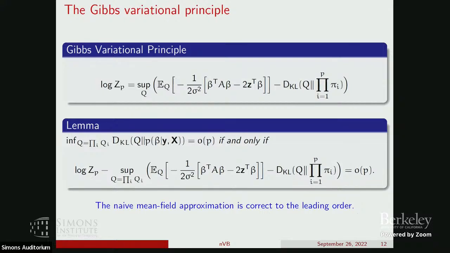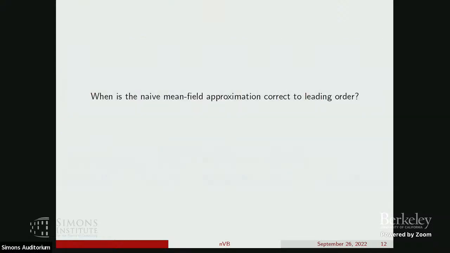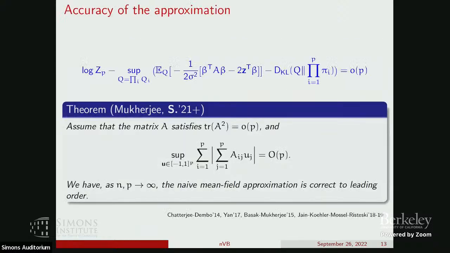This condition is when the approximation is correct to leading order. I will prove that this happens if and only if this happens, so they're equivalent. I'll prove that this is true under a sufficient set of conditions. This is not necessarily necessary, but it is only one set of sufficient conditions under which this will be true.